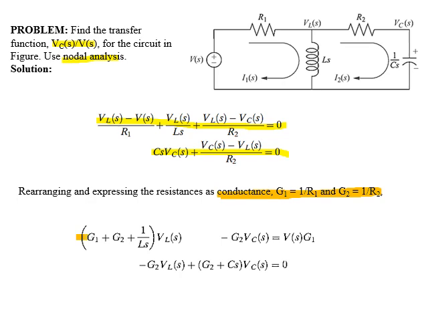We'll use both equations to find the required transfer function. Now with certain rearrangement, we'll replace resistance by conductance, and both have an inverse relation. And after this, we obtain two equations for this system.